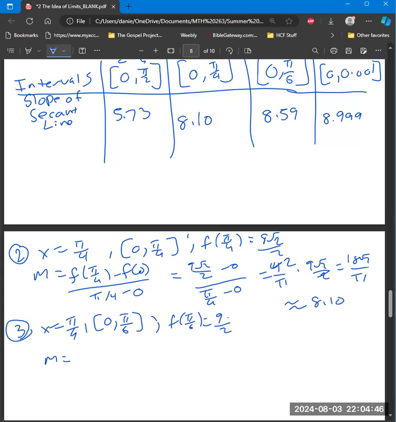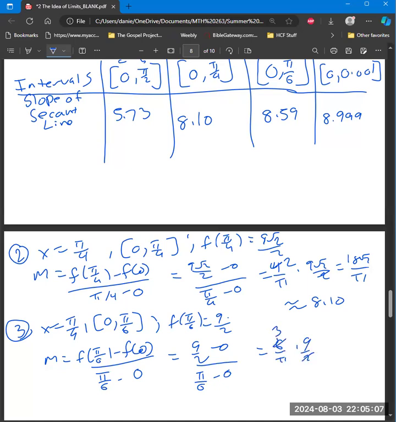So the slope is f of pi over 6 minus f of 0 over pi over 6 minus 0, which is 9 halves minus 0 over pi over 6 minus 0, which is 6 over pi times 9 halves, which is 27 over pi, about 8.59.